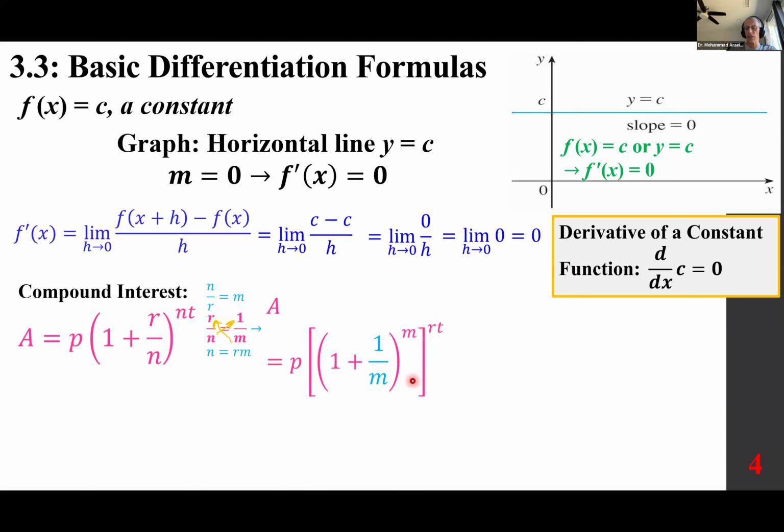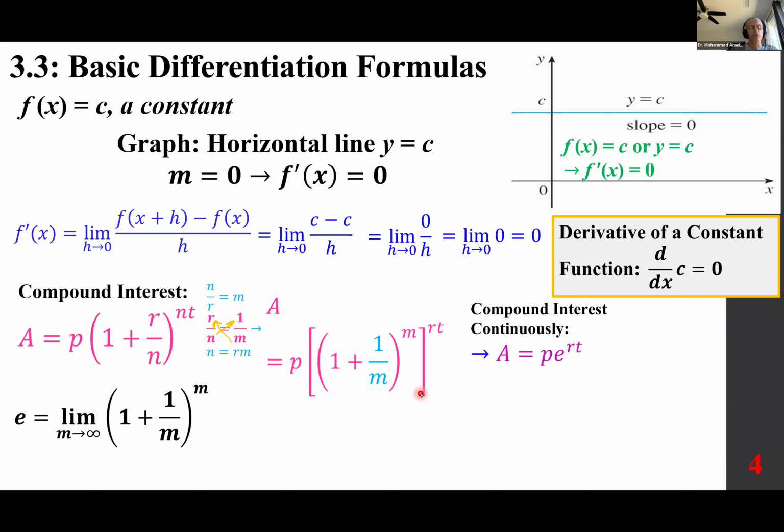And this gives rise to the compound interest continuously, which has the formula A equals P e to the power of rt. Therefore, this portion, as m goes to infinity, is the definition of e, the limit of 1 plus 1 over m to the power of m as m approaches infinity. Again, let's make a change.